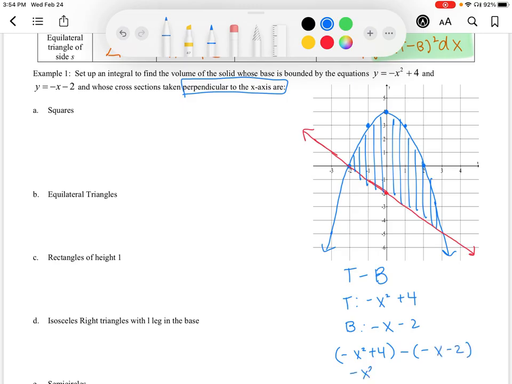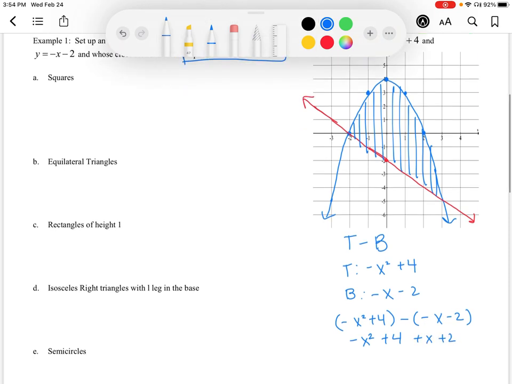So a negative x squared plus 4 plus x plus 2, which is going to give me a negative x squared plus x plus 6. So we've already simplified that part, so that's going to be easier to plug into all of these because that top minus bottom is going to be the same for all of these parts. The only other thing that we really need to know is our a and our b. So how far from the left and how far to the right. So it looks like we're going from -2 to 3.